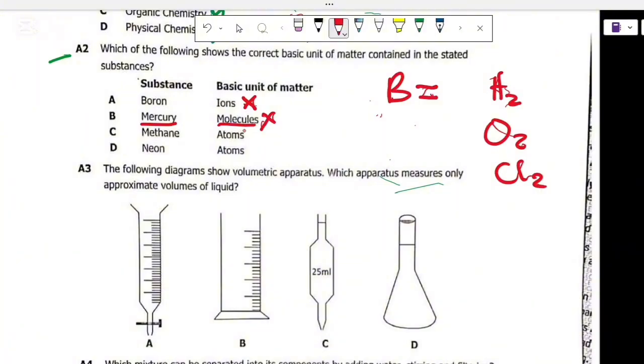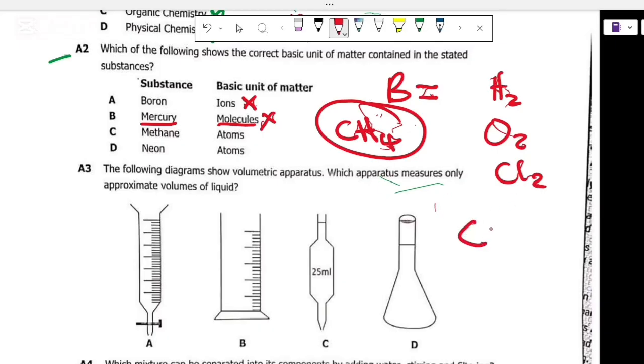Yeah, so we can eliminate that one. Now, answer choice C, methane. Methane is written as CH4. When you look at the combination here, it is carbon and hydrogen. So this is a molecule, because it is two or more atoms chemically combined. They combine to form CH4. This is not an atom. An atom is the smallest particle of an element.